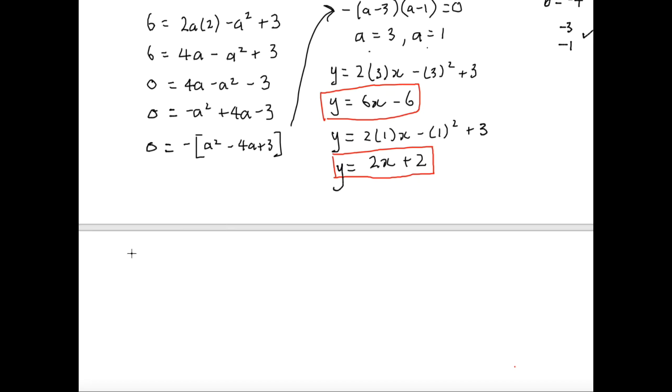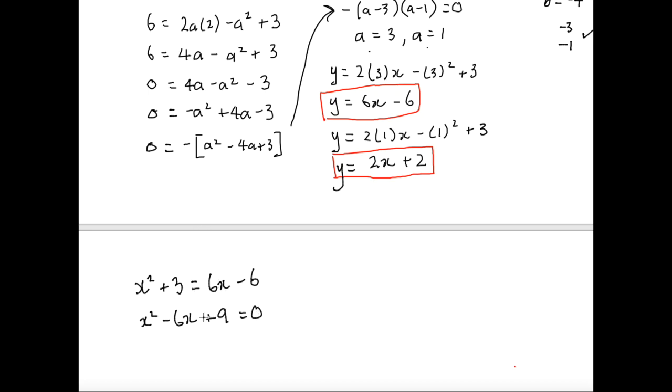So if we want to find where the original curve and these tangents intersect, we just have to set them equal to each other. So we say the original equation is x squared plus 3, and we set that equal to 6x minus 6 first. All right, see if we can solve this. Add 6 to both sides, so it's x squared, and minus 6x from both sides, plus 9 equals 0.